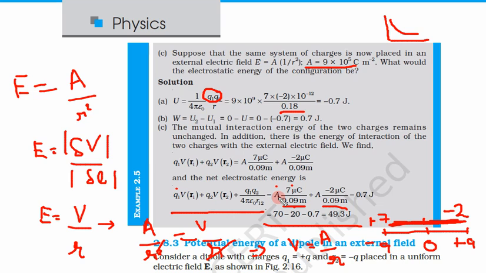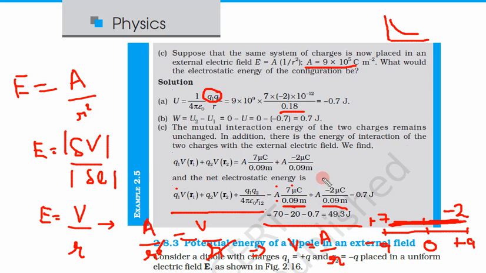So this is 7 microcoulomb Q1 and distance R is 9 centimeter. It does not matter whether it is negative or positive. It is only a distance. Distance is always a positive quantity.